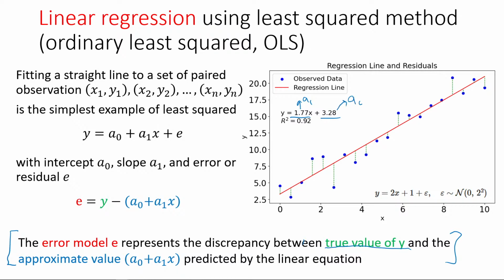That is my A0. And the model that I used to generate this random data has a slope of 2 and an intercept of 1. That is the model I used to generate this data from, and it has a big variance.